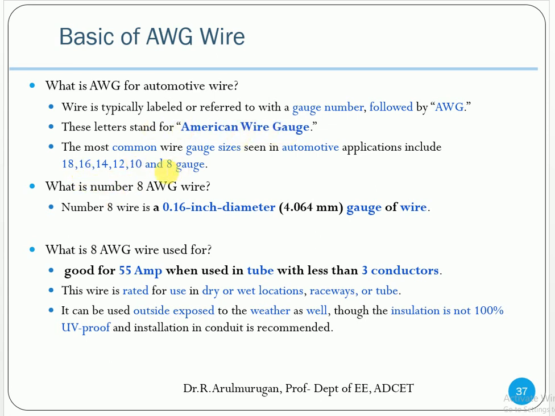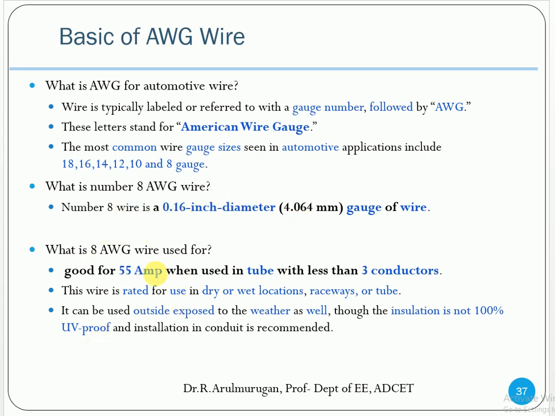The general names are 8 gauge or 10, 12, 14, 16, 18, like a number series. 8 means what? 8 means the diameter, you can see in terms of inches, 0.16 inch, or in terms of mm, 4.0 mm. Easy to remember, 8 table. 8 ones are 8, 8 twos are 16. 4 fours are 16. So like that. Okay, this is the diameter.